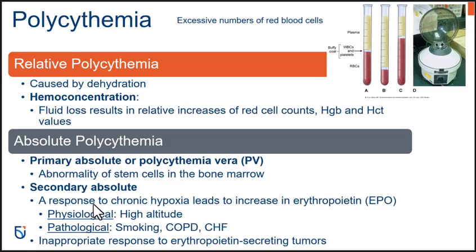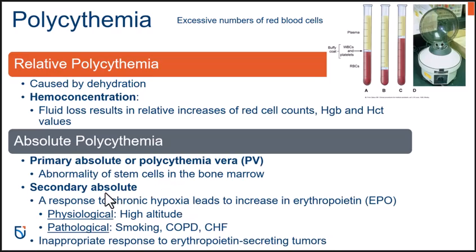Secondary absolute is either going to be physiologic or pathologic in terms of its cause. What we'll see with either case, though, is that the reason we're producing more red blood cells is because of chronic hypoxia.